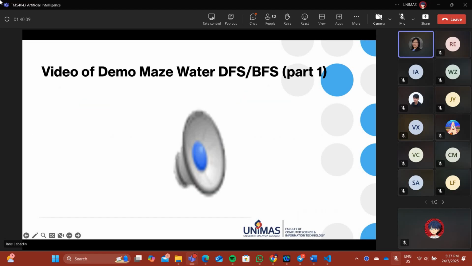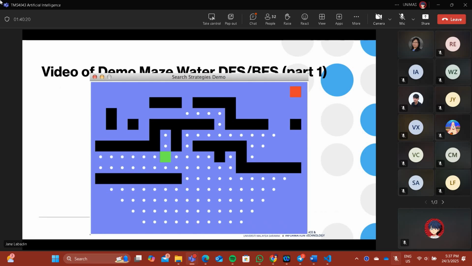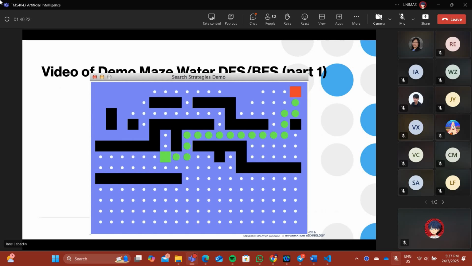Here is a demo on BFS and DFS. It is trying to find a path, the green one trying to find a path to the red one.